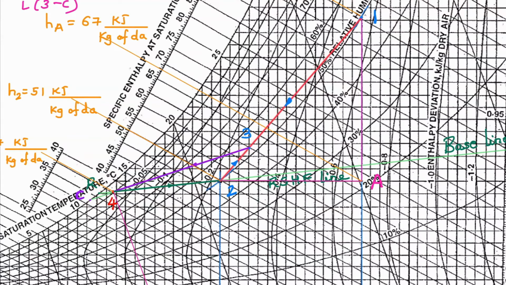Now if you consider the different lines involved here, 2 to R is called the RSHF line. 3 to C is called the grand sensible heat factor line, and if you join 2C, this is called the effective room sensible heat factor line.